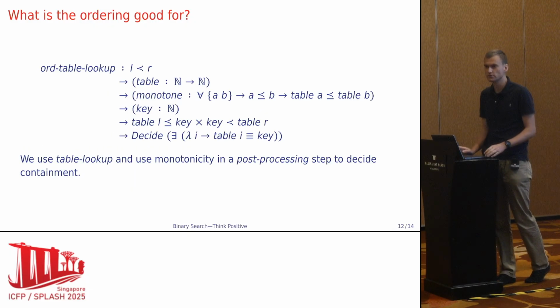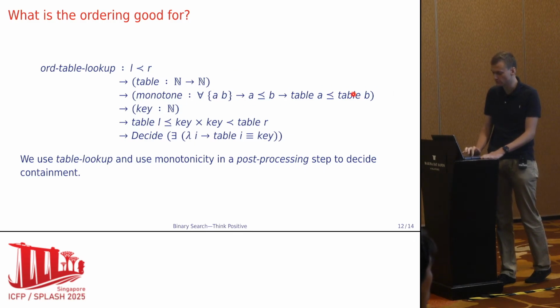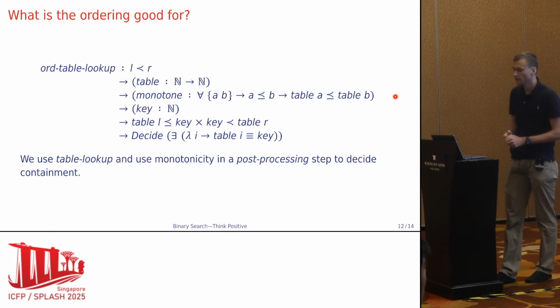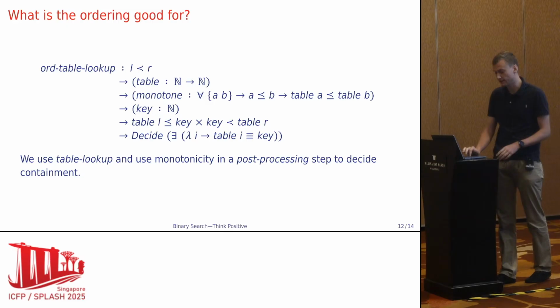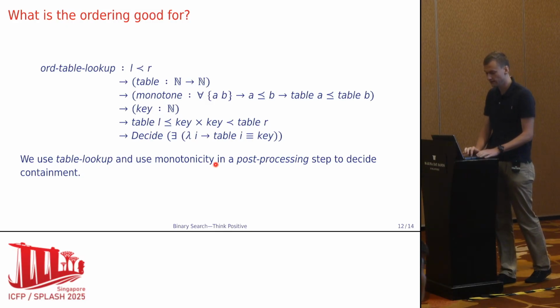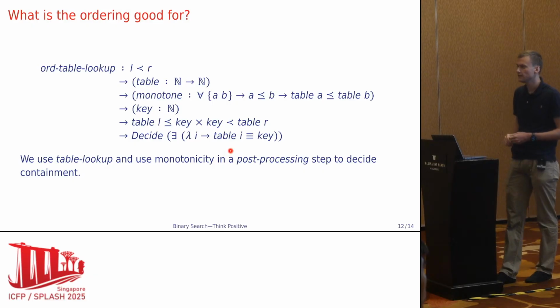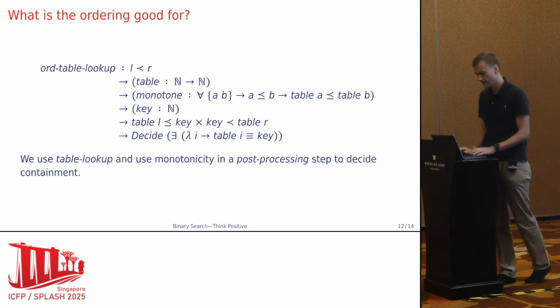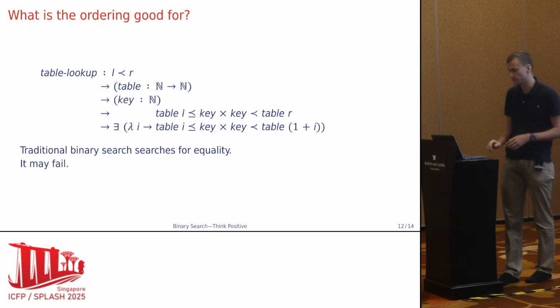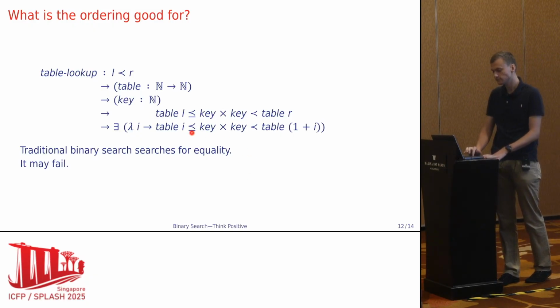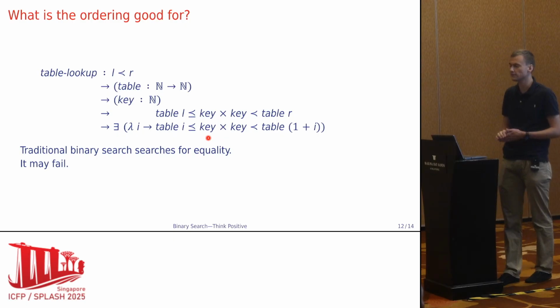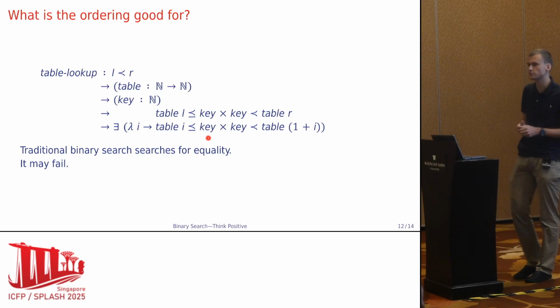So let's assume monotonicity. The only thing that we add here is monotonicity. And now we can actually decide if there is an I such that table(I) is equal to key. The idea is pretty simple. We have this proof here, table(I) is less than or equal to key, and now we look into this proof and check.